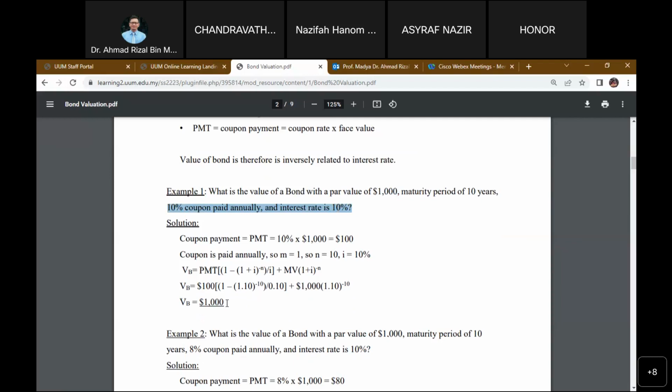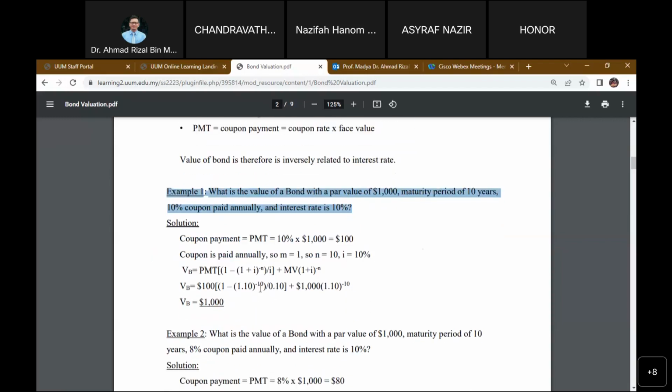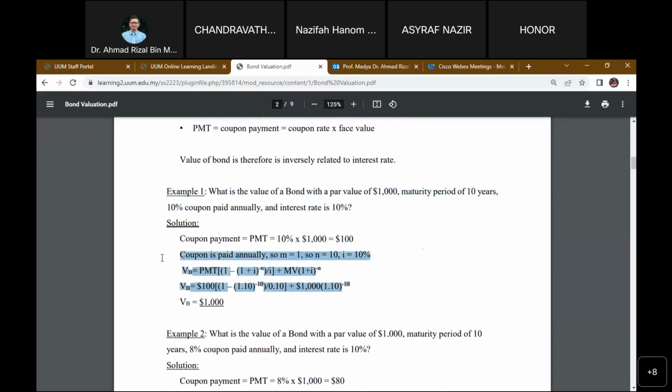The value of the bond would be equal to the par value, i.e. $1,000. Meaning, if you have this scenario, you don't actually have to calculate like this. You know for a fact that whenever the coupon rate equals the interest rate or yield to maturity, the value of the bond would automatically be equal to the par value, which is $1,000. I'm showing you the calculation just to illustrate that it is equal.